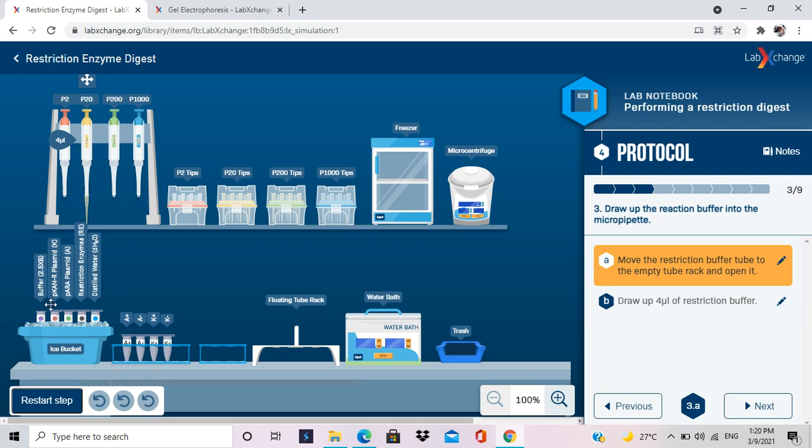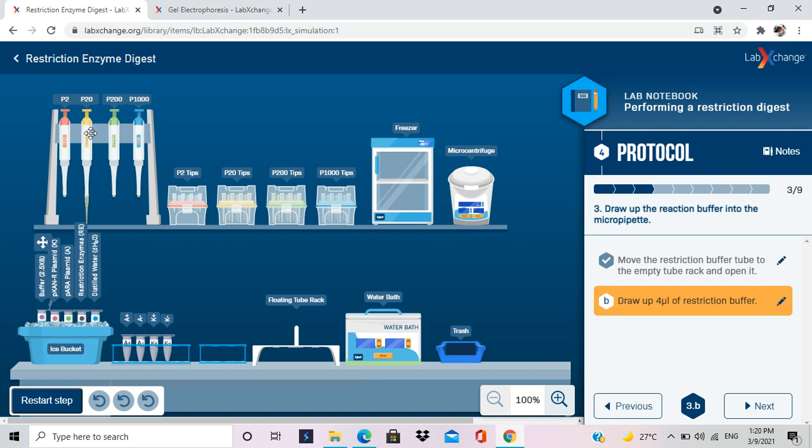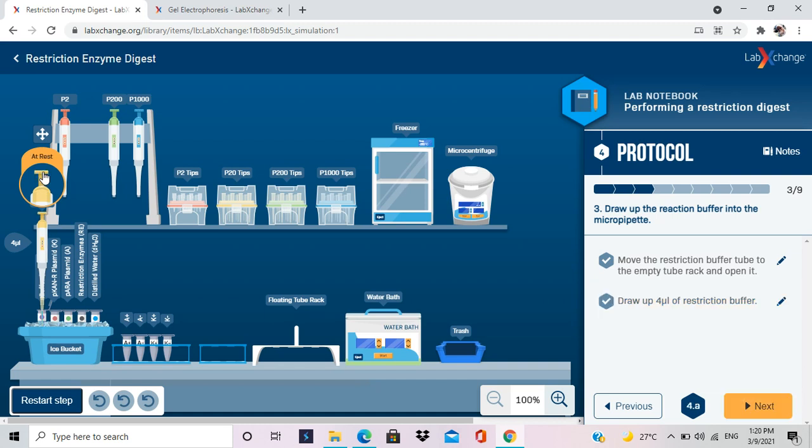Then after that, I open the buffer. Then I draw up the buffer to the first stop.